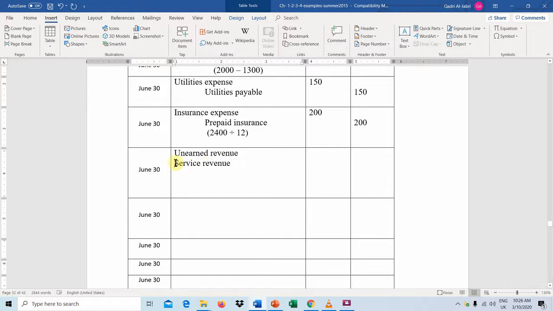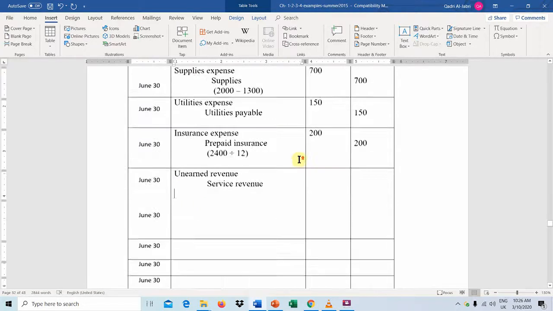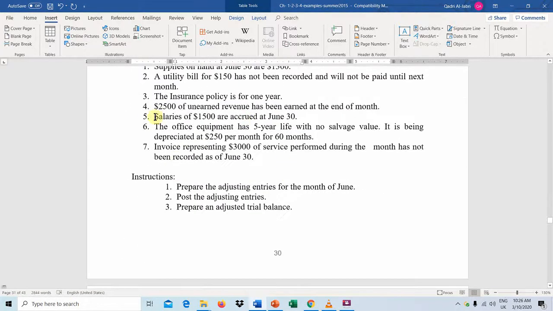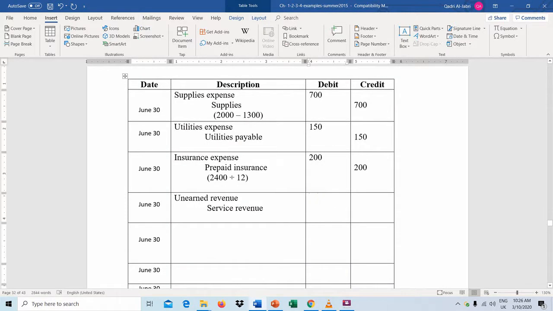In this question, straight away it gives us the amount that is earned during the month, so we don't need to do any calculation. We provided services for 2,500 during the period. So I will debit this one by 2,500 and I will credit the service revenue by 2,500.